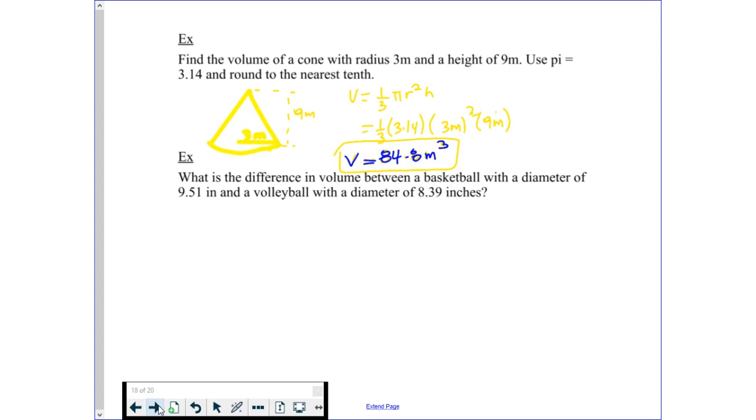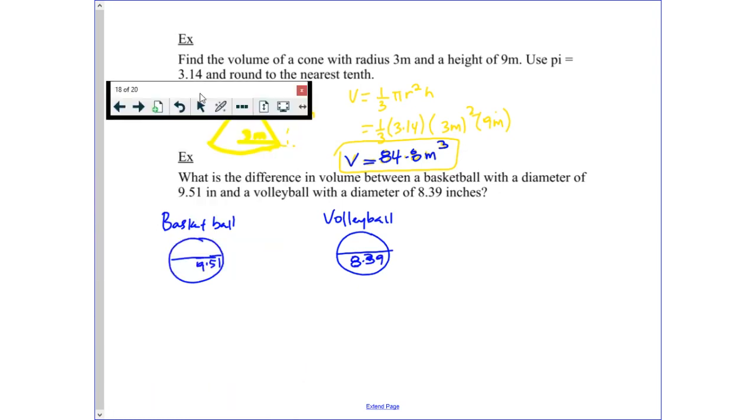Okay. So the next question is, what is the difference in volume between a basketball with a diameter of 9.51 and a volleyball with a diameter of 8.39?